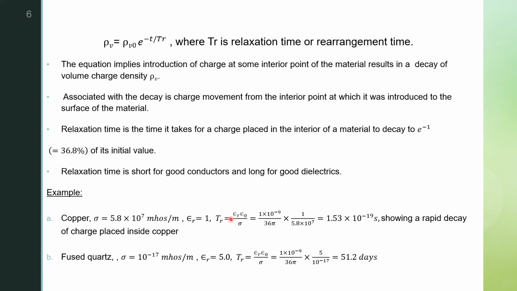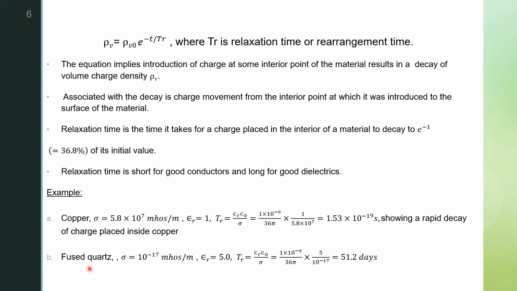Here epsilon is equal to epsilon r epsilon 0, divided by sigma. Substituting the values, epsilon 0 into epsilon r by sigma, we get 1.53 into 10 raised to minus 19 seconds. That means there is a rapid decay of charge that is placed inside the copper.